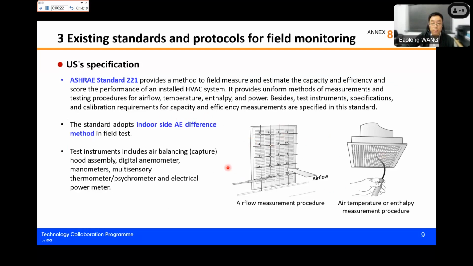From this figure, you can see they used the air-side method. It provides a uniform method for measurement and testing procedure for airflow, temperature, enthalpy, and power. Just like I said, this standard adopted the indoor side method.